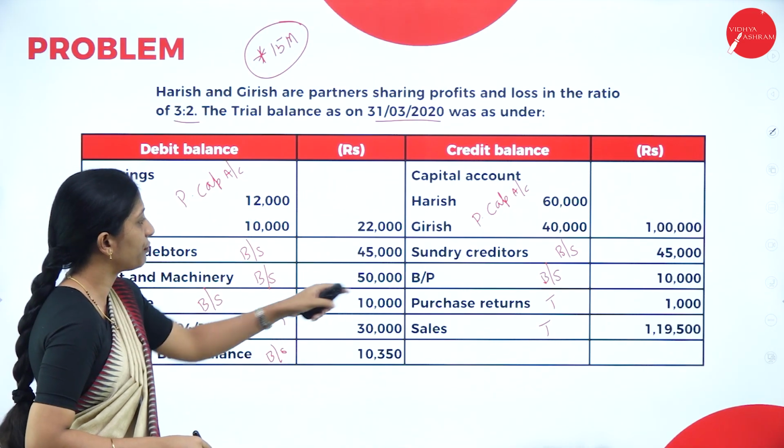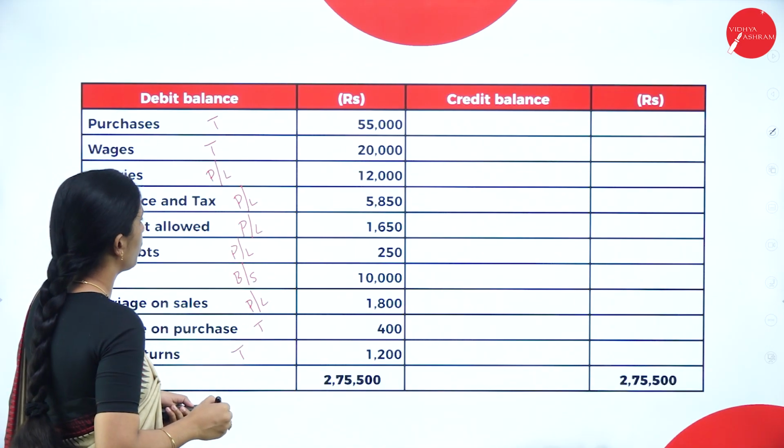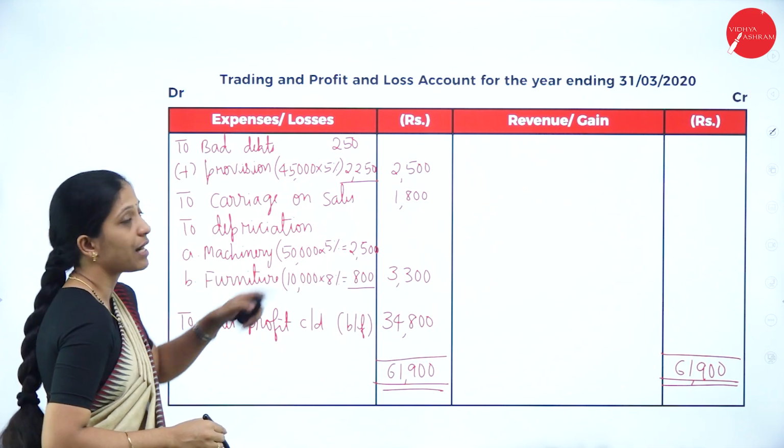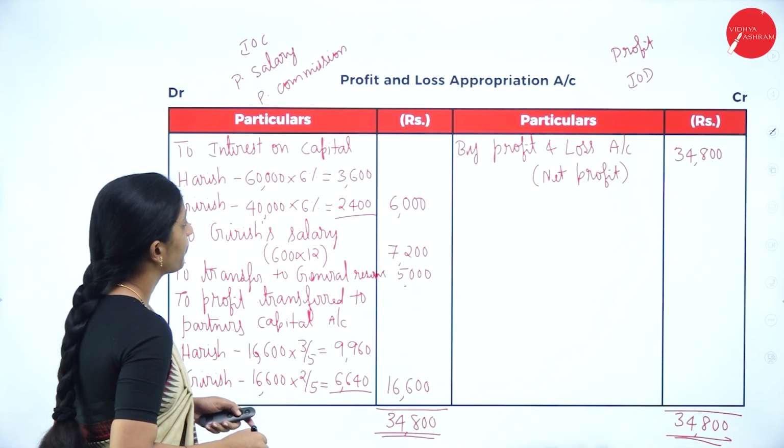Plant and machinery 50,000, but we have depreciation also. So, 50,000 minus 2,500 depreciation.